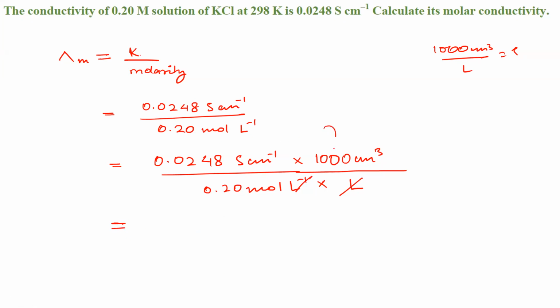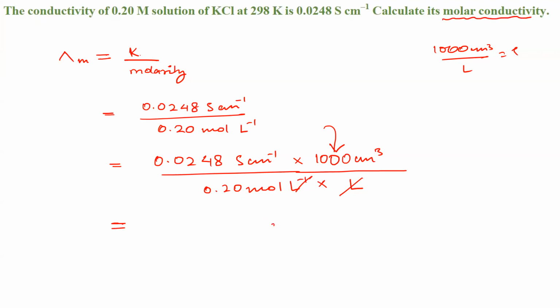So this is an important point, please remember this. When you are defining the molar conductivity, it is kappa upon molarity. But when you are solving this, you have to introduce this 1000 term, which will cancel the liters. Is that fine? Yes or no? So the mole will remain there, because you are calculating molar conductivity.